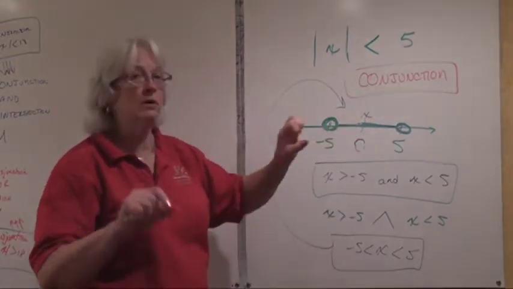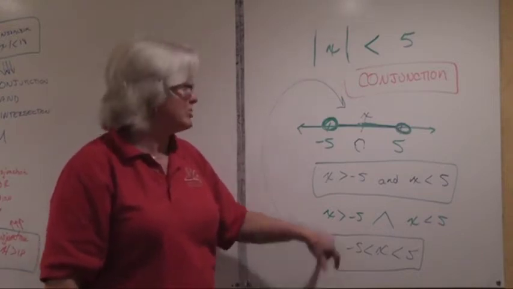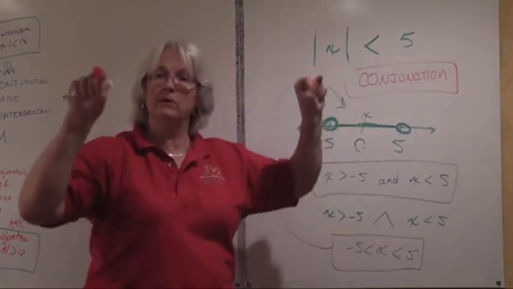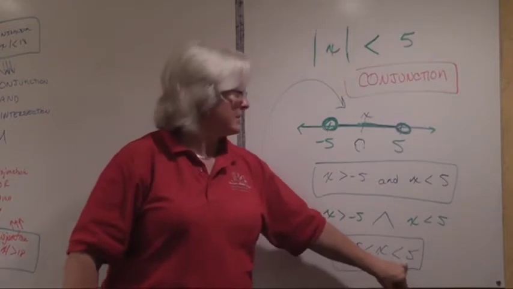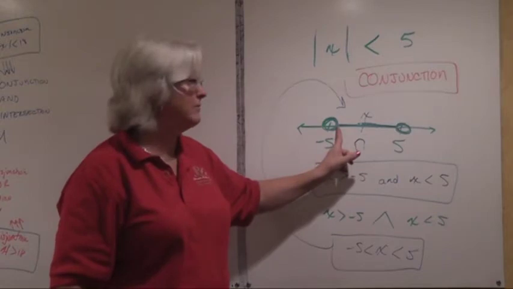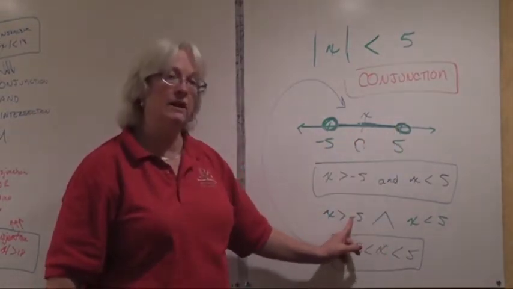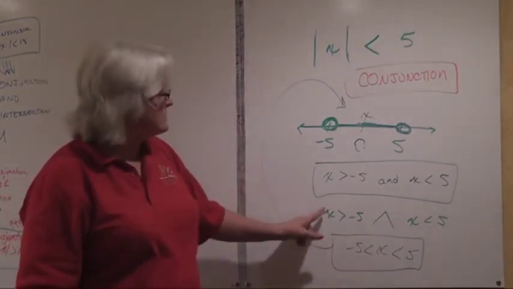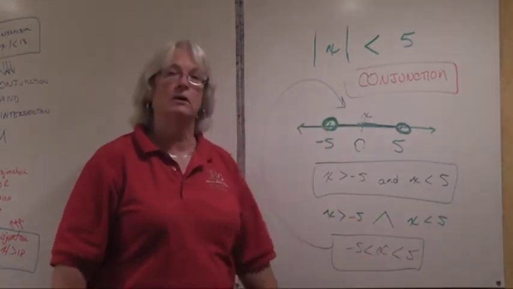To write the mathematical sentence that represents this picture, you put the x, the strong man in the middle pumping iron: -5 is less than x, which is less than 5. You can also think here that x is greater than -5, x is less than +5.